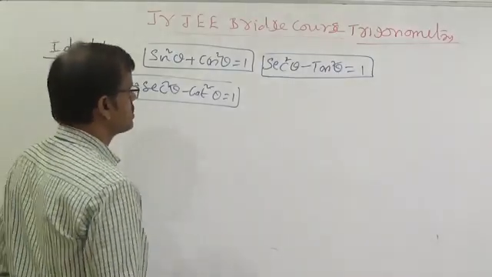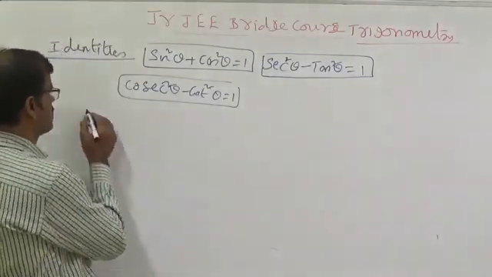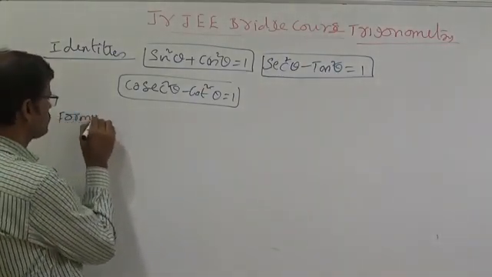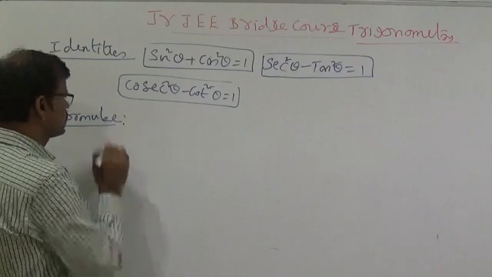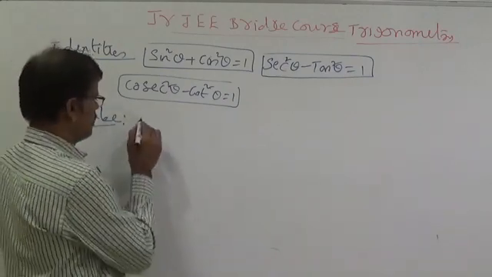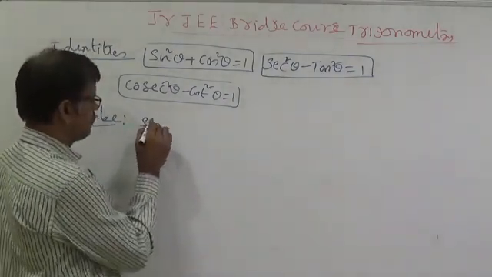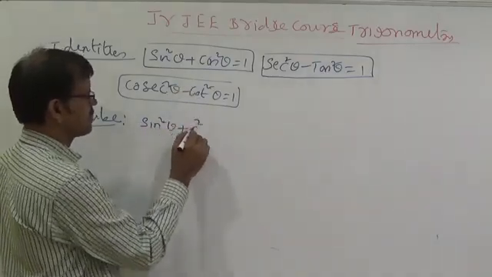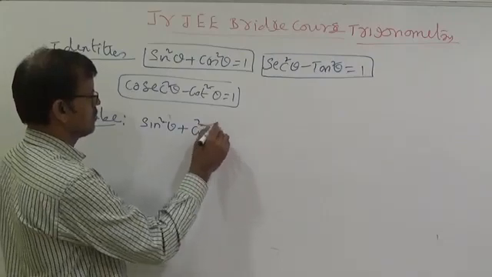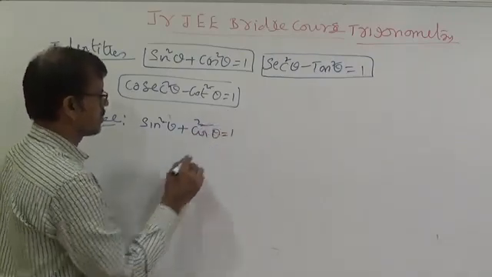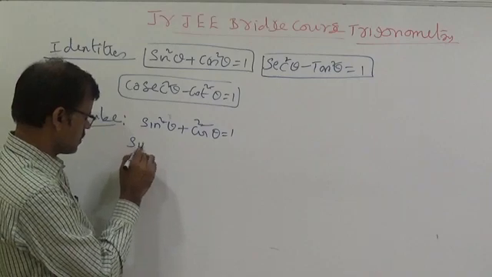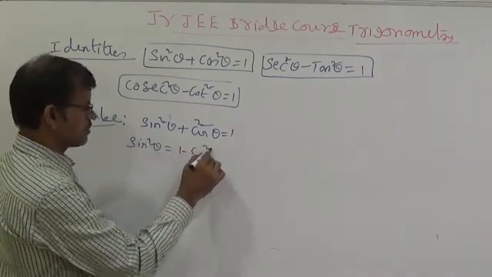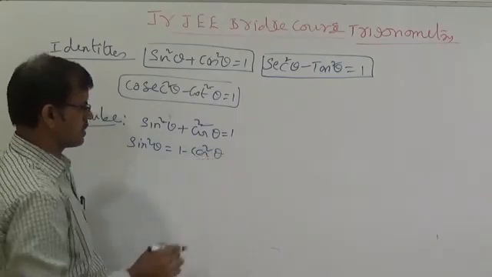Depending upon these 3 identities, I am writing the formulae. Based on sin square theta plus cos square theta is equal to 1, we can write sin square theta is equal to 1 minus cos square theta.